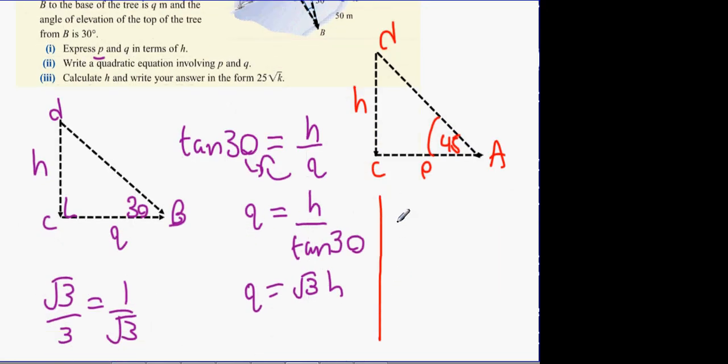We should use tan 45. Tan 45 equals H over P. P therefore equals H over tan 45.